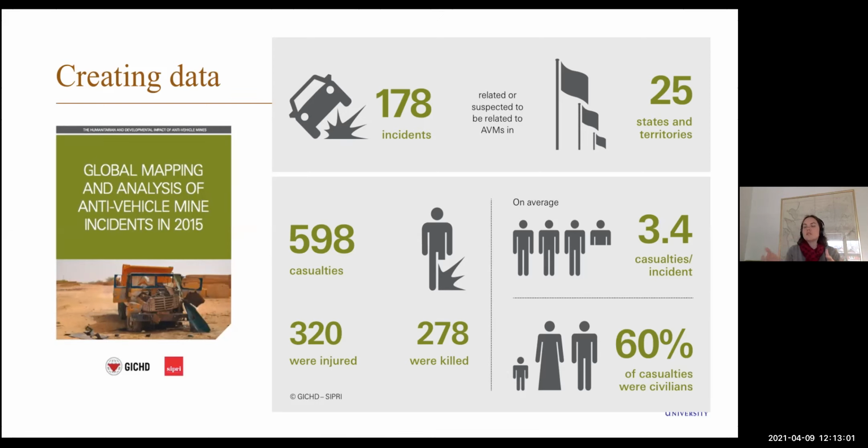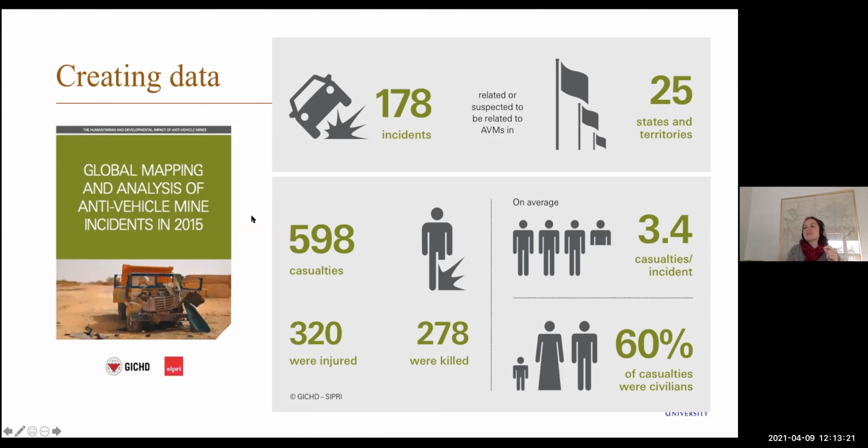So it's usually a vehicle. Sometimes livestock can set one off. But we had this idea that we were going to try to map what's the burden, what's the impact of anti-vehicle mines. And it was really, really difficult for all kinds of reasons. I mean, we came up with 178 incidents, but there were way, way more than that.